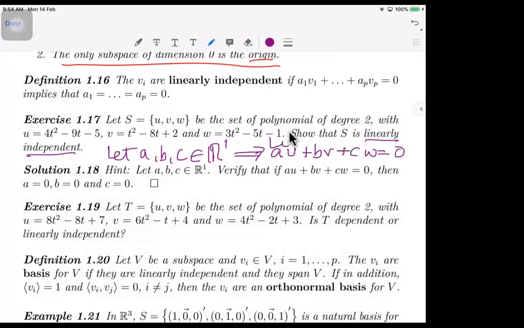If you let that, you show that A, B, and C are 0. Once you show that, then the set S with these vectors U, V, and W is linearly independent.